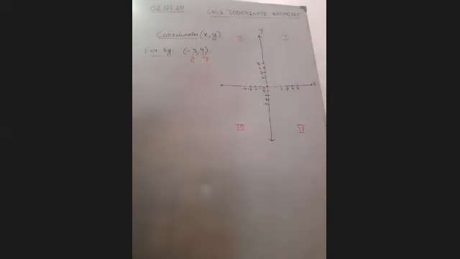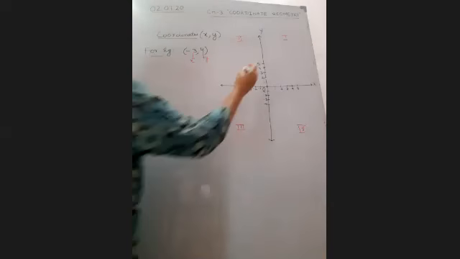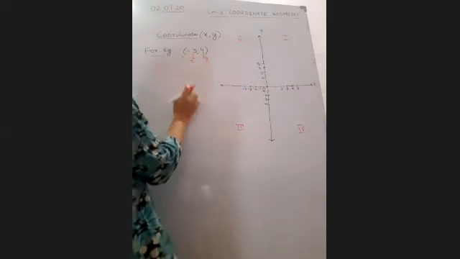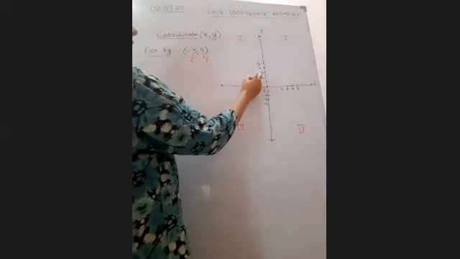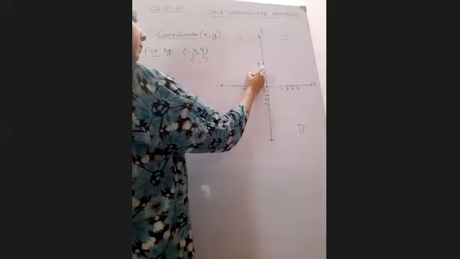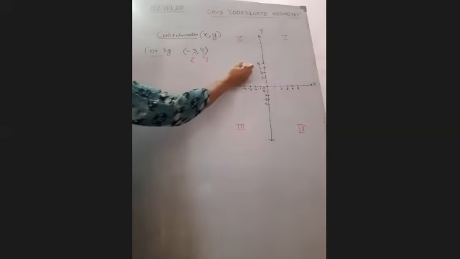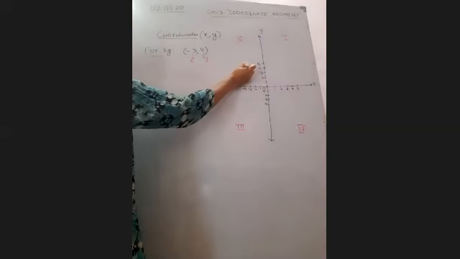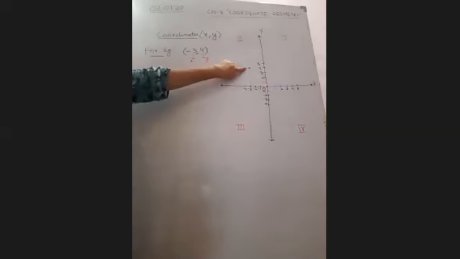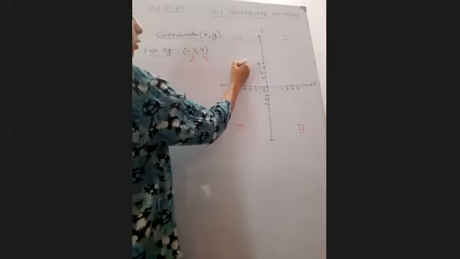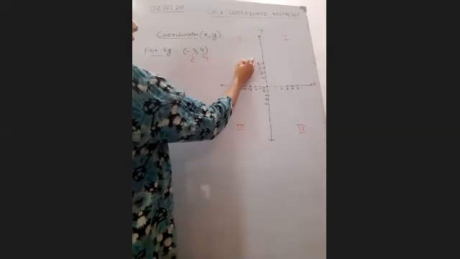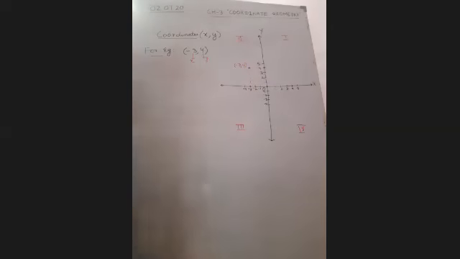Now, with the help of the scale, -3 comma 4 will be which point? -3 and 4. So this point represents -3 comma 4. And we need to put here also in the bracket -3 comma 4.